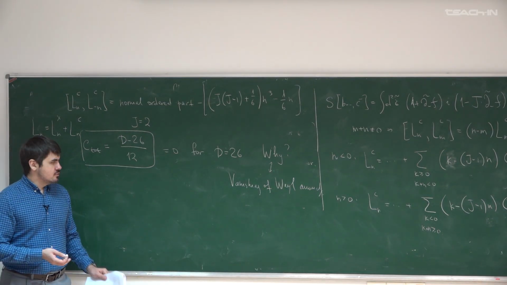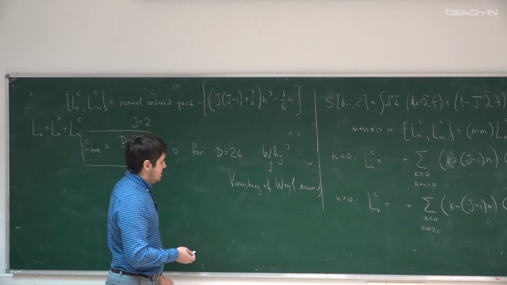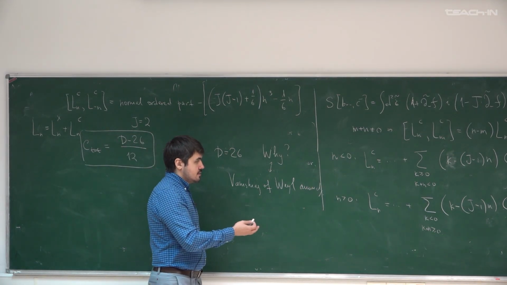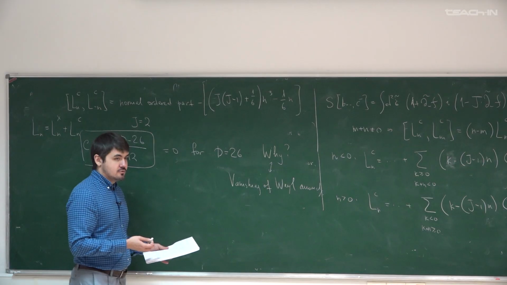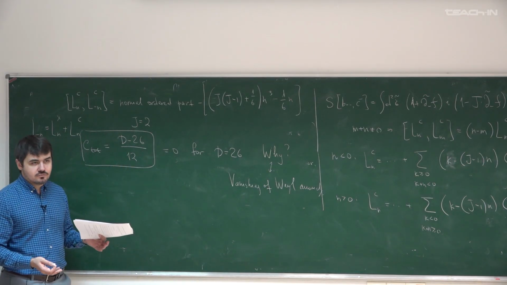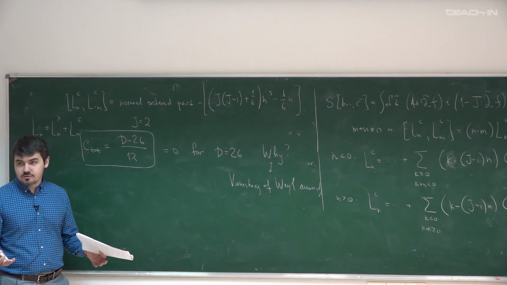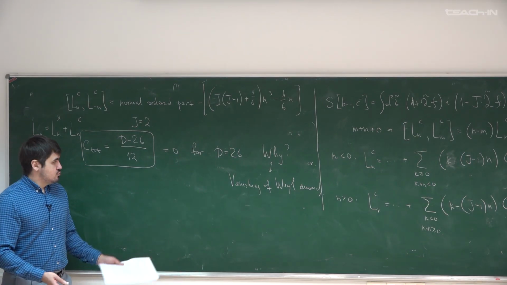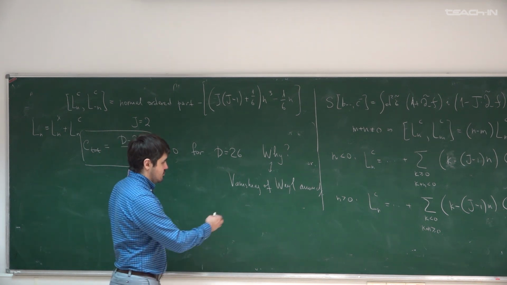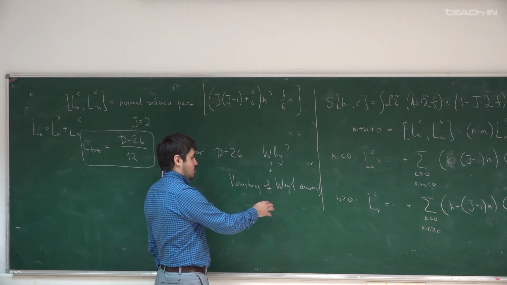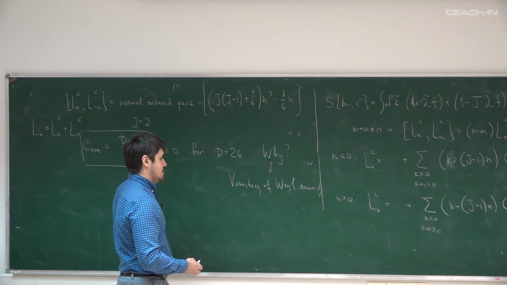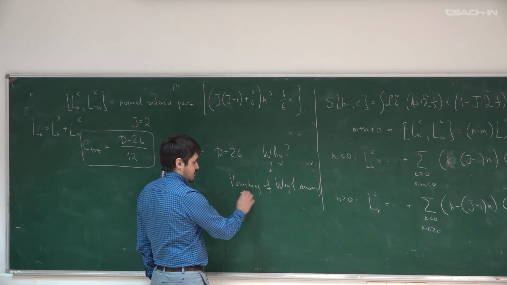These are called anomalies. If you want the quantum theory to be gauge independent, for example to have a match between light cone gauge and conformal gauge, as the simplest manifestation of gauge independence, you should make sure that the anomaly also vanishes. And we will discuss after the break that actually the anomaly is proportional to the central charge.